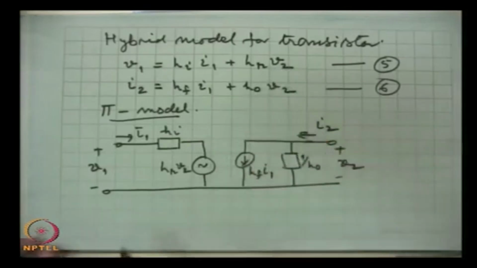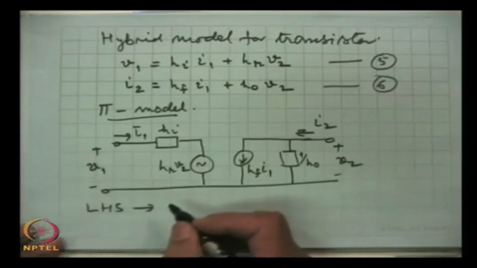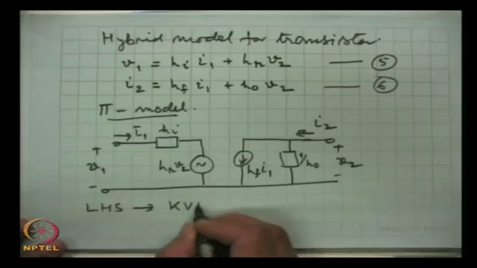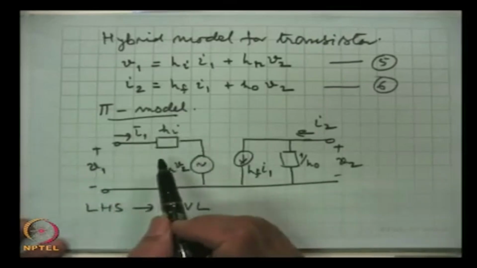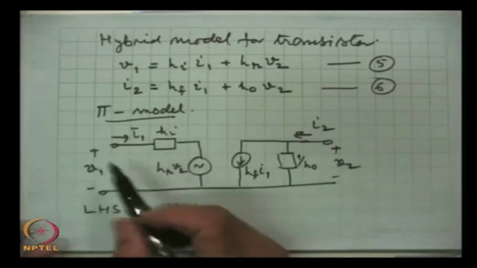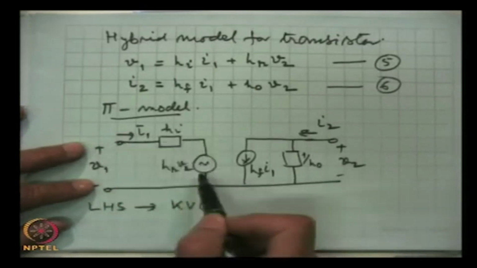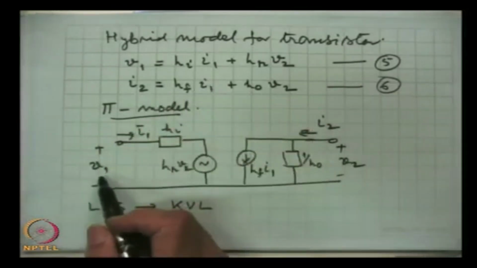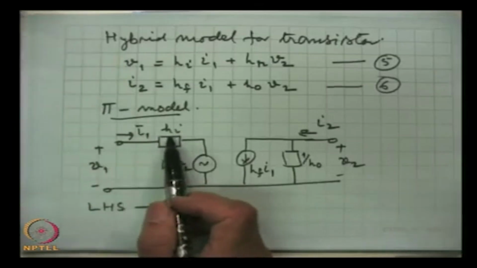That is Kirchhoff's voltage law: for any loop, the summation of voltages has to be equal to 0, or the applied voltage has to be taken as drop at all places. So, this will give V1 equal to the input impedance H I times I1.